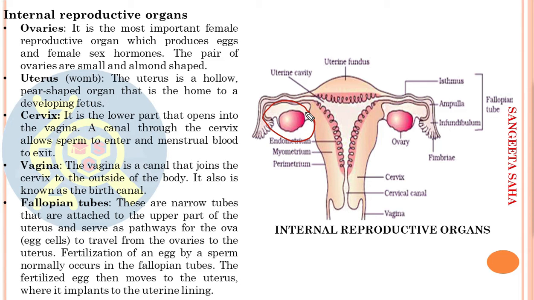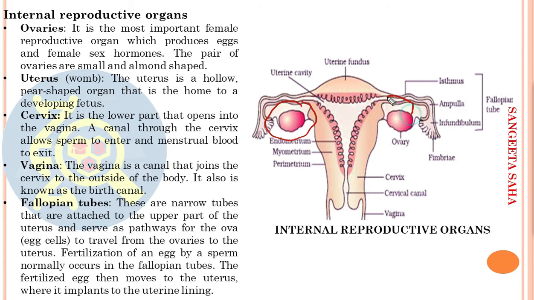In the male reproductive system, we have learned that the testes are located outside the abdominal cavity. Why? Because for spermatogenesis the testis requires a temperature 2 degrees lower than the body temperature. But in the case of the ovary, no such condition is required. So that is why it is present inside the abdominal cavity.